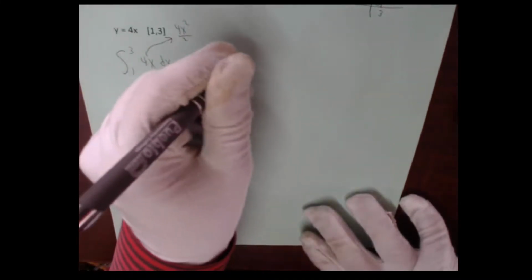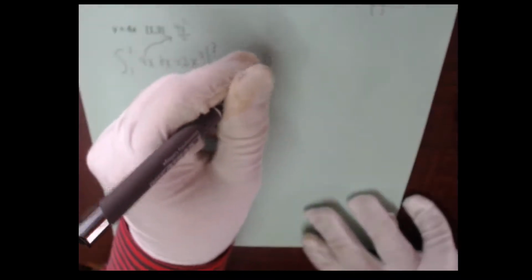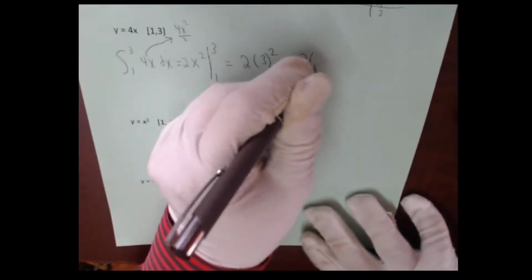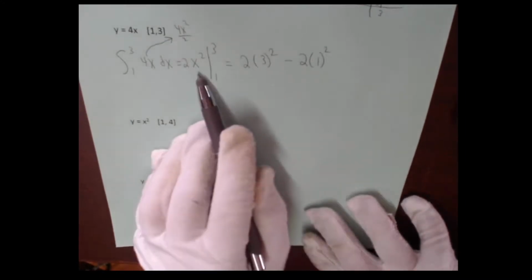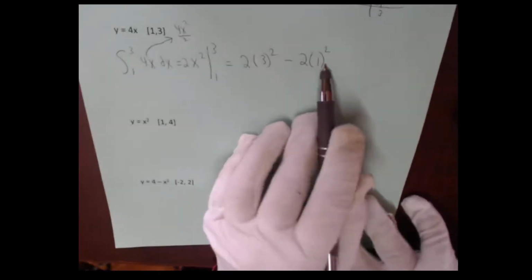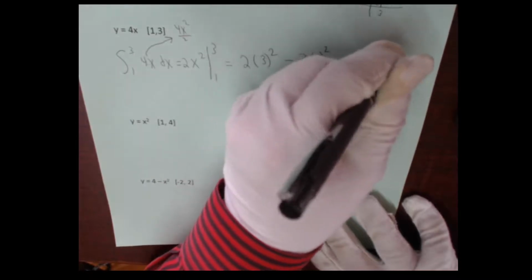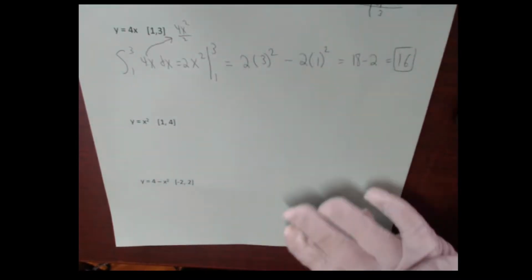So that means plug in 3 for our x value first, and then subtract 1 for our x value second. You just copy paste this function twice. First you do 3, then you do 1. Top bound first, then the other one. That's going to equal 3 squared is 9 times 2 is 18, minus 2 is equal to 16.